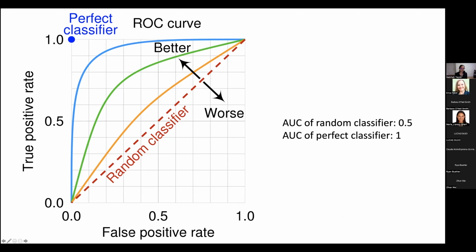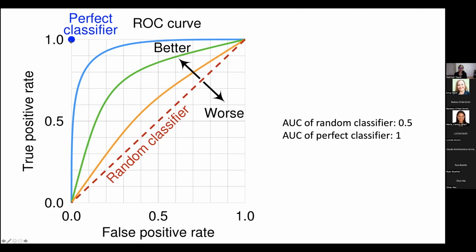Your ROC curve is your false positive rate against your true positive rate, and if it's the same as flipping a coin, it'll just go on the diagonal. If you have an absolutely perfect classifier that is able to tell you everybody who has the disease or doesn't, you're going to lie over here. You're going to have a true positive rate of 100%, a false positive rate of 0, and hence a specificity of 100%.